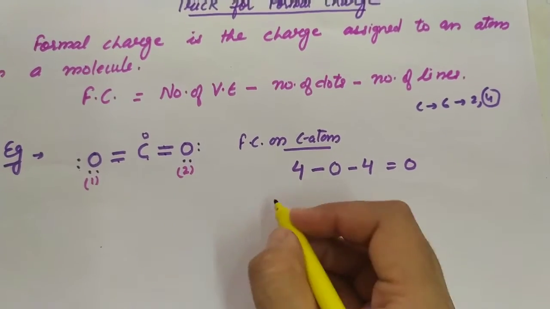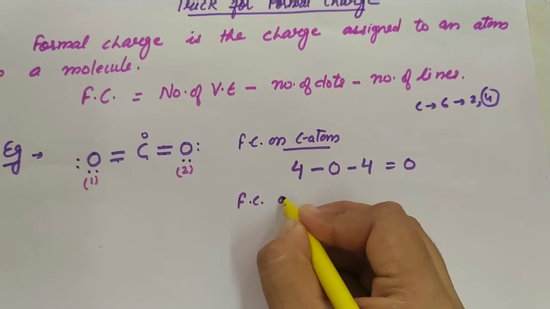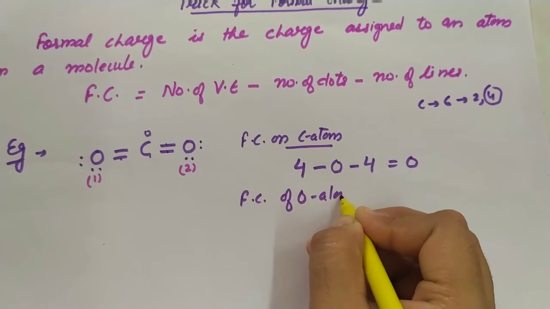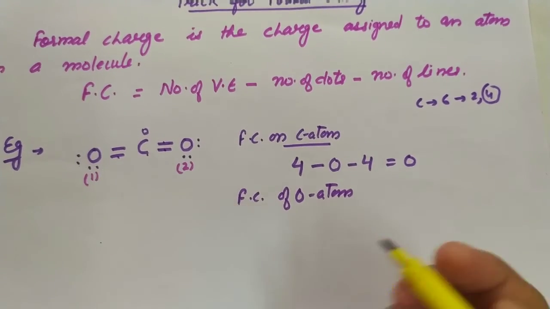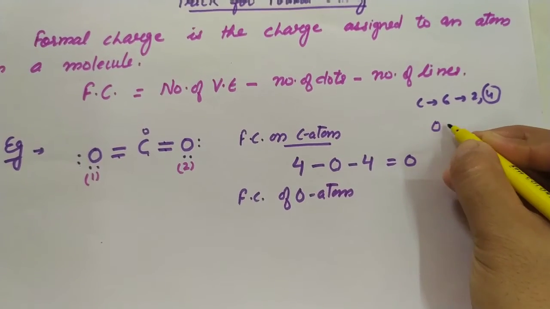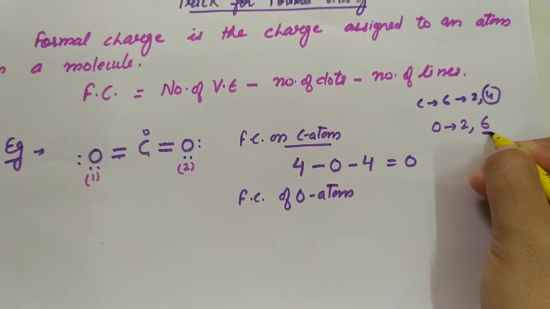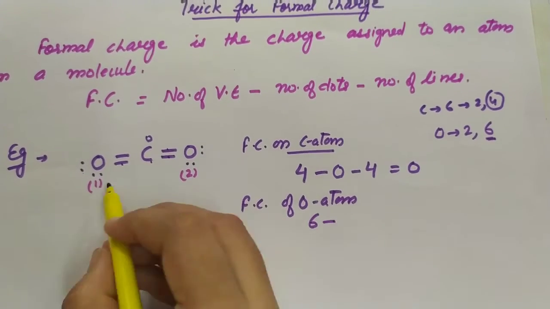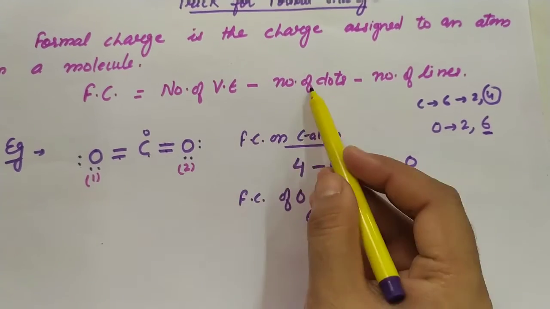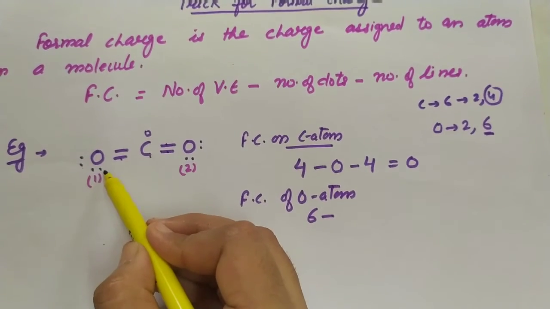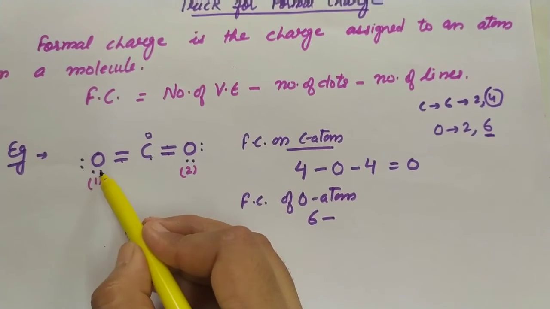In case of oxygen, the formal charge on the oxygen atom. Firstly, the number of valence electrons on oxygen, electronic configuration 2 and 6, so 6 valence electrons, minus number of dots, 2 and 2, 4.